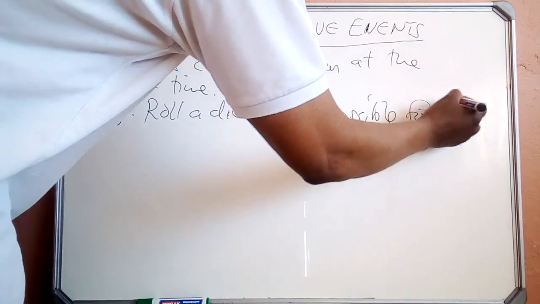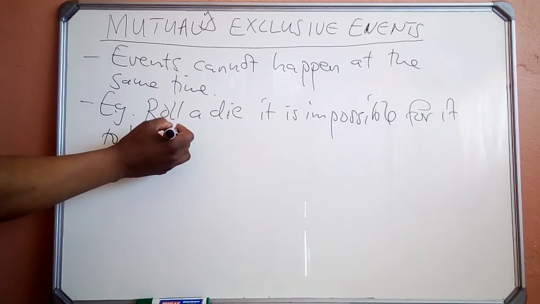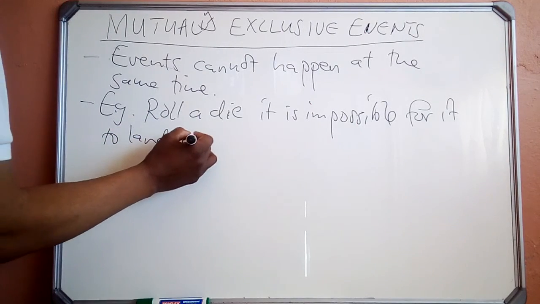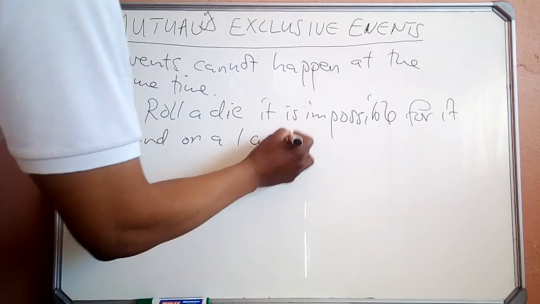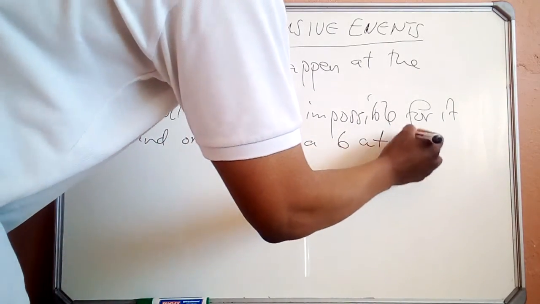It is impossible for it to land on a 1 and a 6 at the same time.